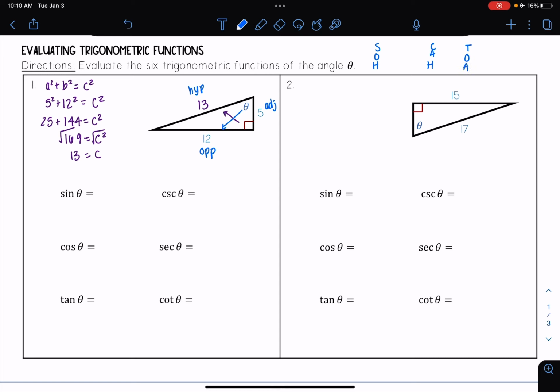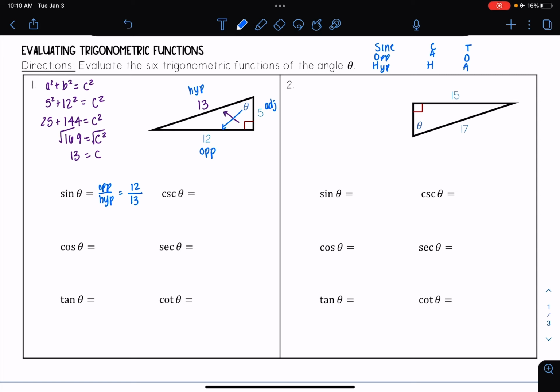And what that stands for is S is sine, O is opposite, H is hypotenuse. So that means for sine, that's going to equal opposite over hypotenuse. And I see my opposite side is 12, and my hypotenuse is 13. So this equals 12 over 13.